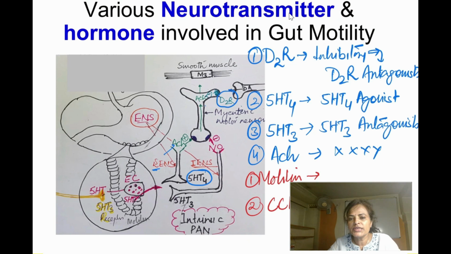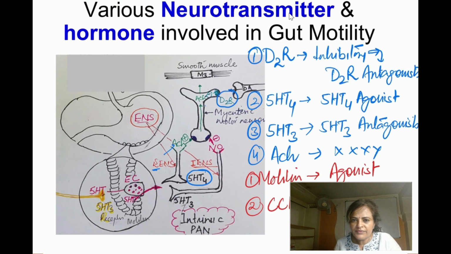Motilin acts through the motilin receptor and it is going to produce various actions 1, 2, 3, 4, which I have just now told, and cholecystokinin is going to slow the gastric emptying. So we can give the motilin agonist like macrolide and cholecystokinin antagonists, they are used as prokinetic drugs.